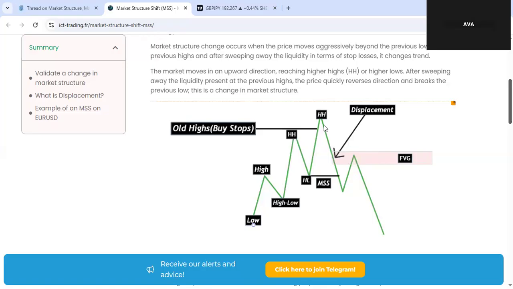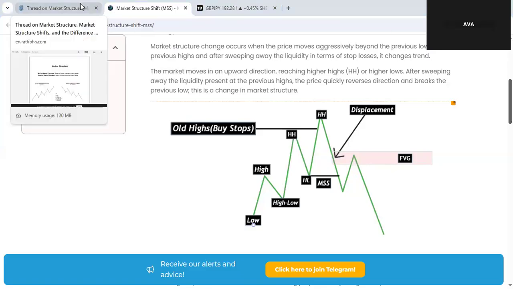I like to look for an FVG in this area to take my trade, so I can ride the trade and take profits. You can see the market pullback, so it's telling you that this market is no more in uptrend. The market has changed from uptrend to downtrend.